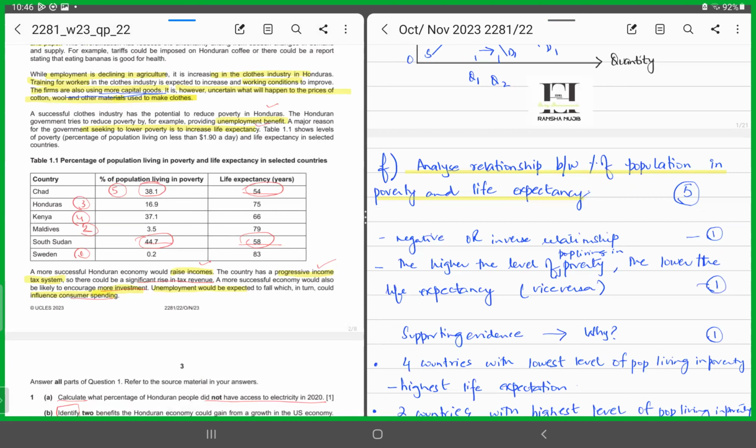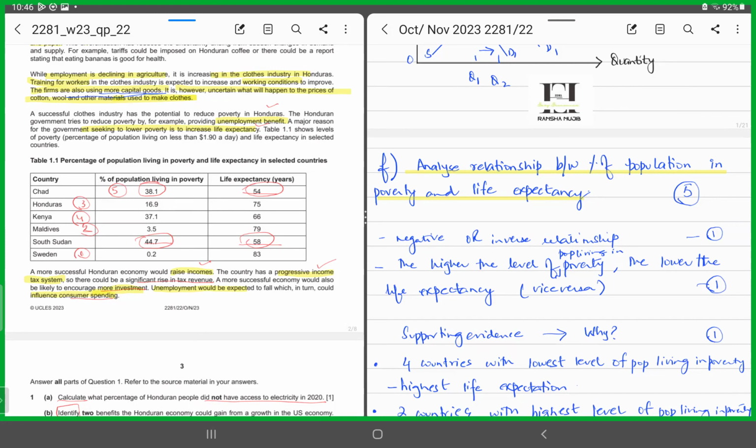Now, if you look closely at the table, the countries that I have marked in ascending order are those which have the least amount of their population living in poverty and have the highest amount of life expectancy, right? So the relationship that we can deduce is that the lesser the amount of population living in poverty, the higher the life expectancy, or we could say vice versa as well.